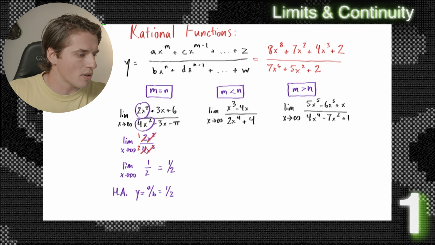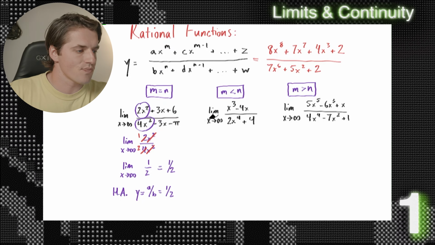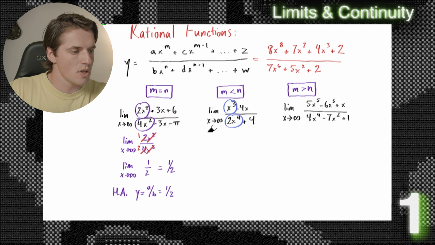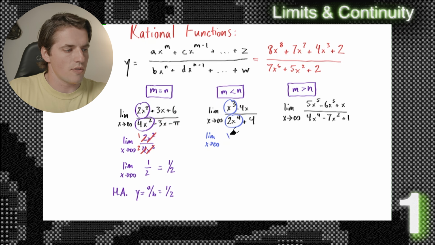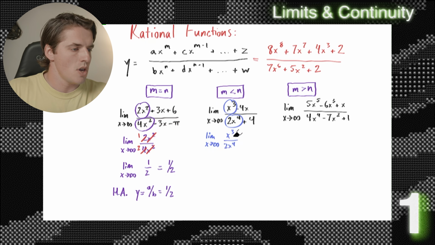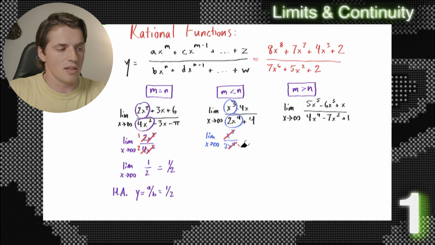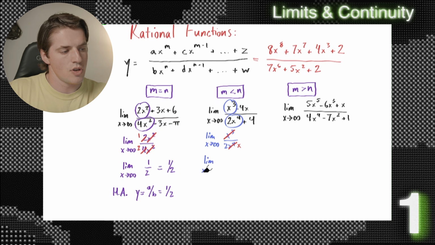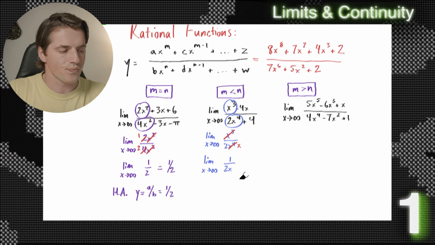Okay, we'll continue here in the middle. We have m is less than n, so we pick out the largest degree terms. We have the limit as x goes to infinity of x cubed over 2x to the 4th. We can cancel the x cubed and 3 of the x's in the denominator. So we have the limit as x goes to infinity of 1 over 2x.